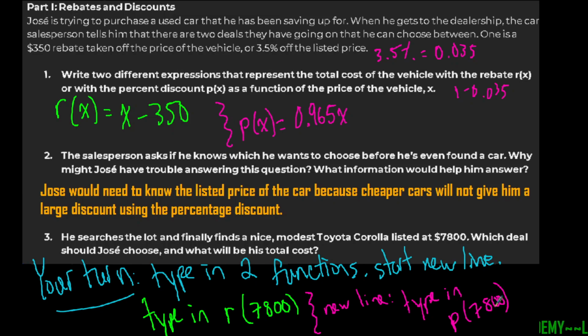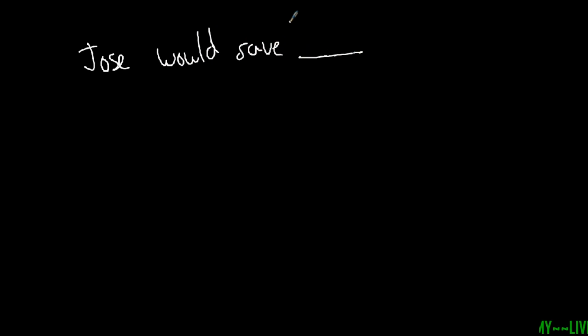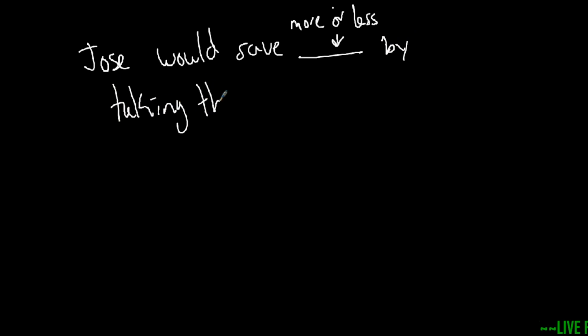And then after that, we could say, in general, Jose would save, and I need you to fill that in with either more or less in that blank, but the rest will be Jose would save more or less, and you have to decide, by taking the rebate.